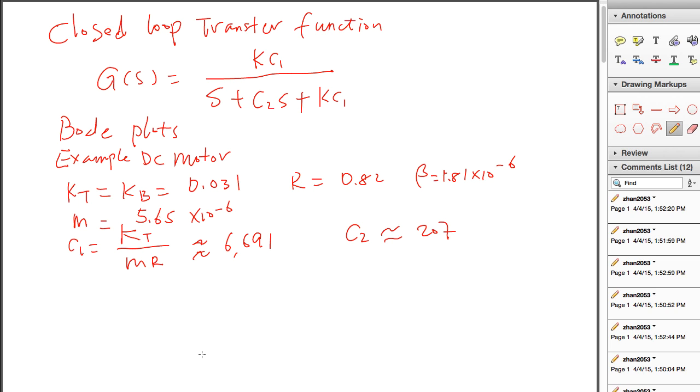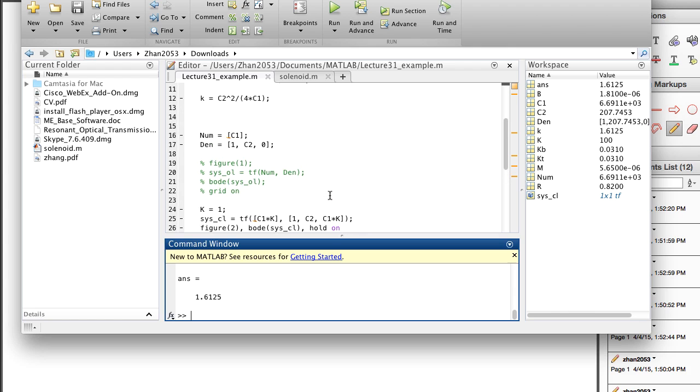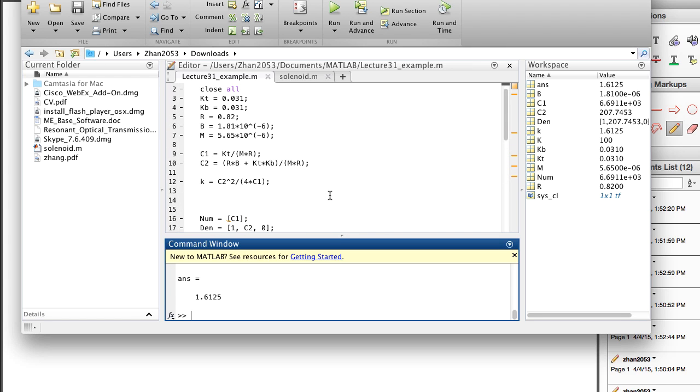Okay, so then we plug in all those numbers and do some simulation. From MATLAB you can write a very simple Bode plot and put all those numbers in, as what I put here.